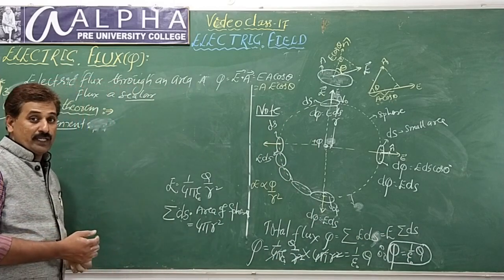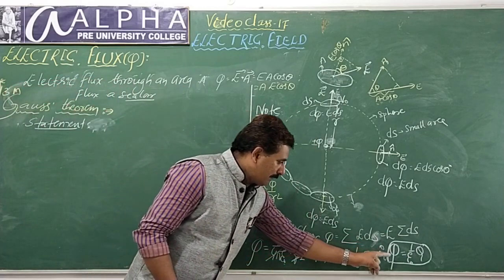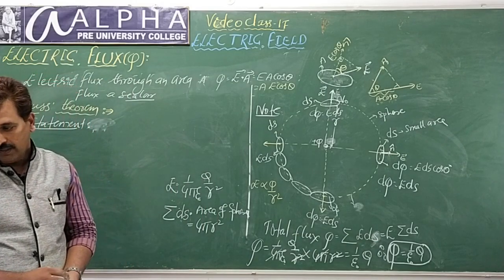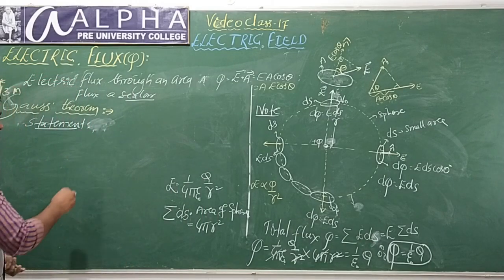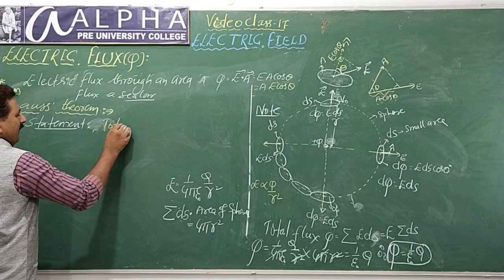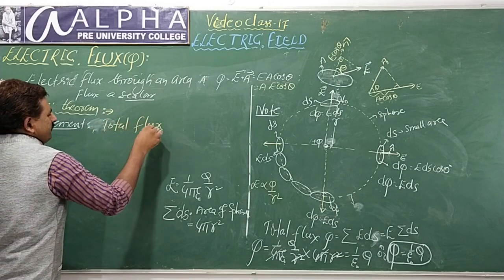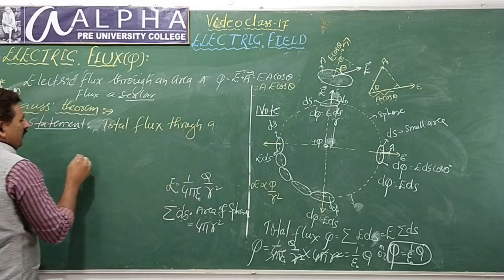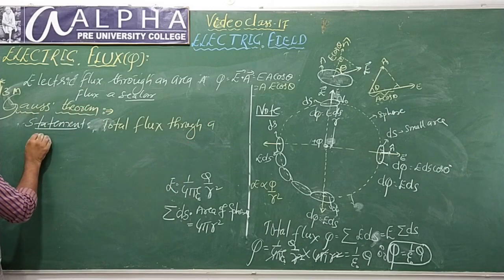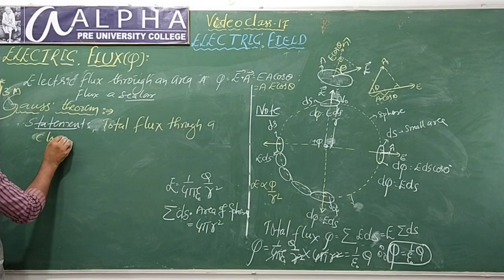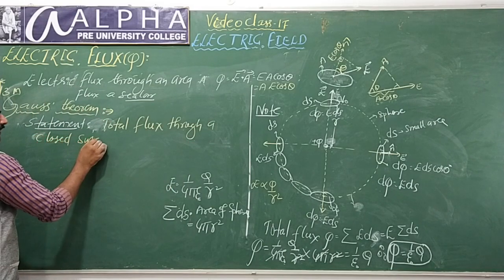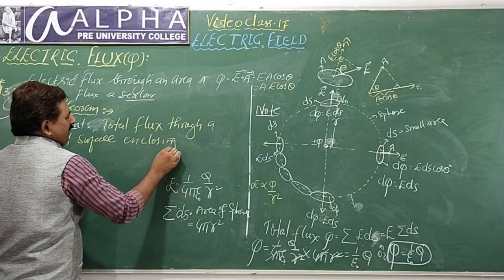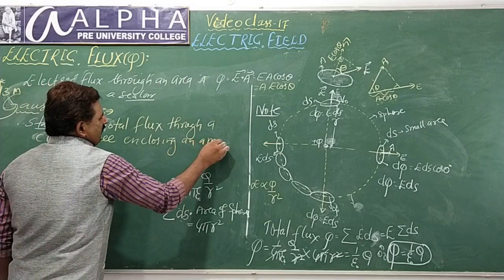That is the statement. Very important. You have to explain this in words. How do you explain in words? I will tell you. You have to explain total flux. You have to write this statement. Total flux through a closed surface enclosing an amount of charge.